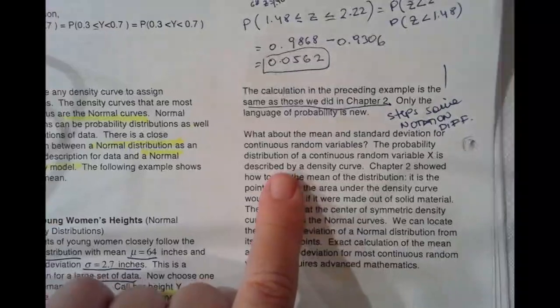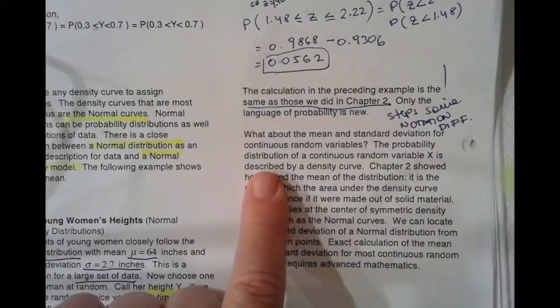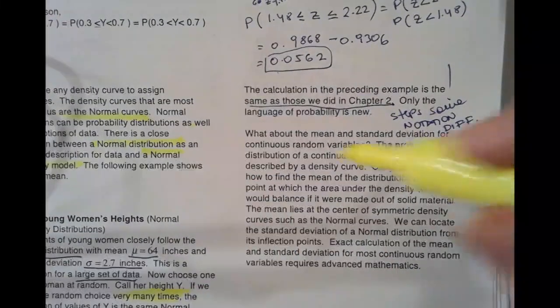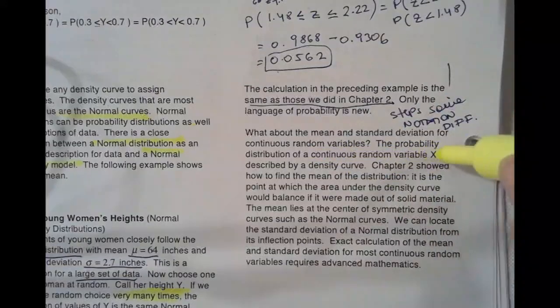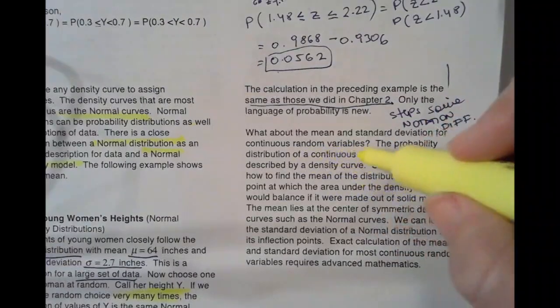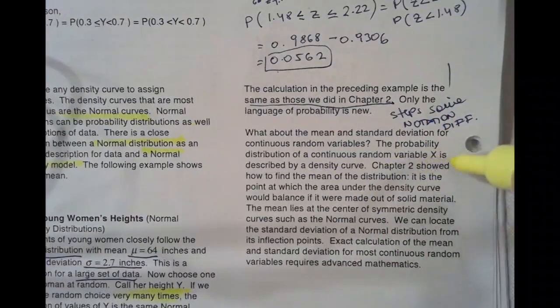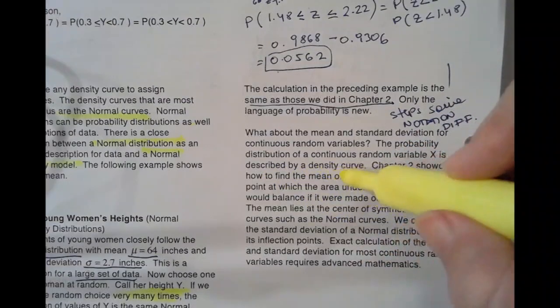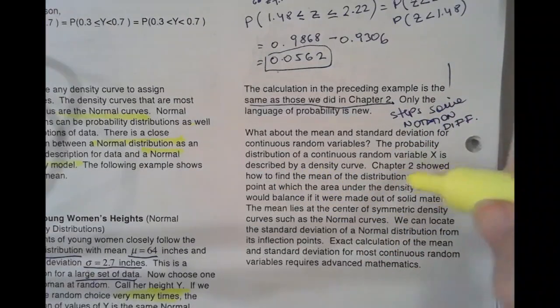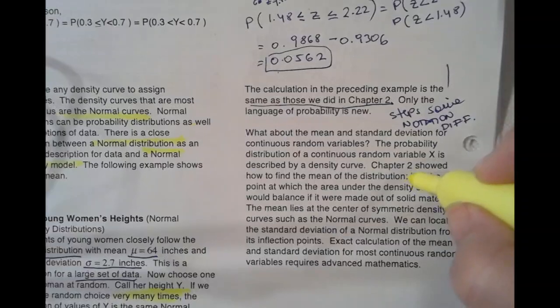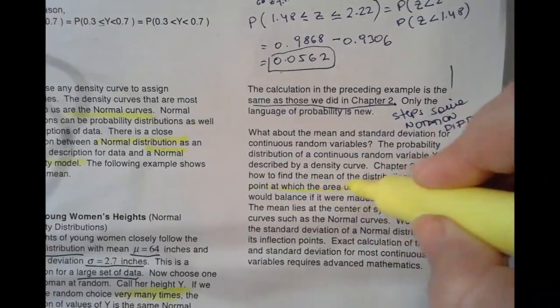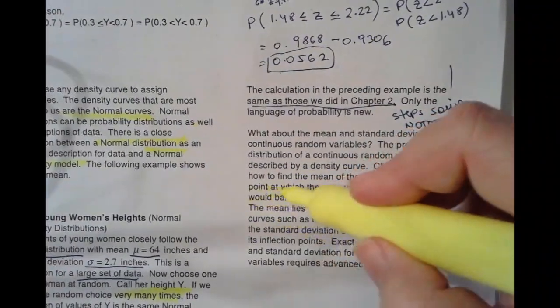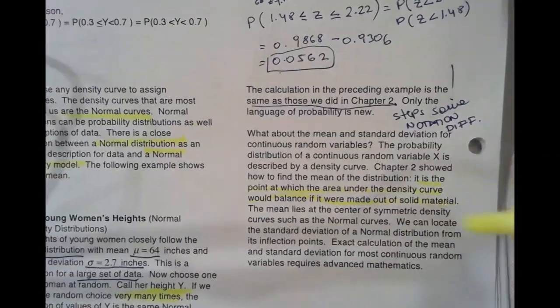What about the mean and standard deviation for continuous random variables? The probability distribution of a continuous random variable x is described by a density curve. Chapter 2 showed how to find the mean and standard deviation of the distribution. It is the point at which the area under the density curve would balance if it were made out of solid material.